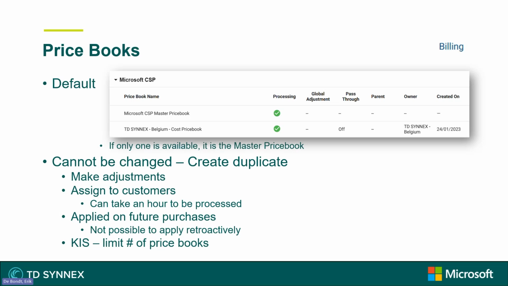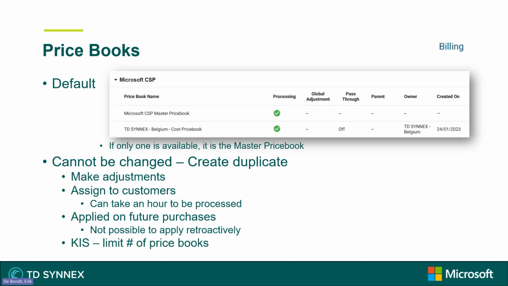If you don't do anything to your customers, the master price book is assigned to them. So per default, they are given the MSRP price as the default sales out price for the customer. Sometimes you don't have the cost price book, then you only have the MSRP based price. That depends a bit on the vendor.